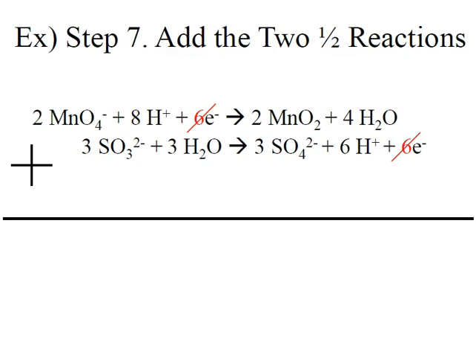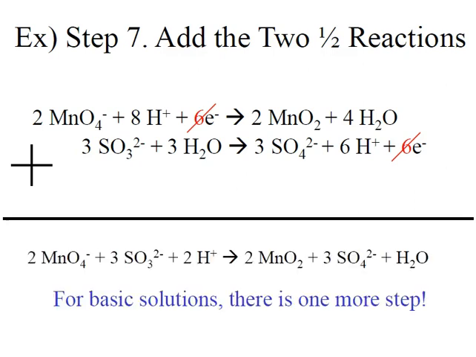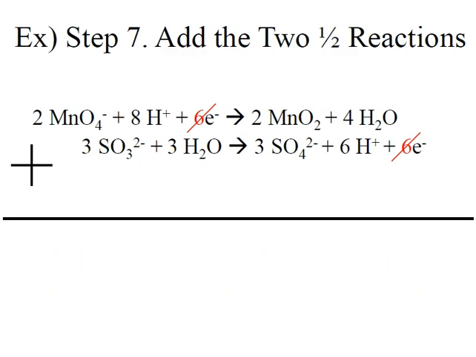So we've got our 6 electrons on the left and right that are going to cancel. But we also may have some other stuff that cancels. Let's see. I see 8 hydrogen ions on the left and 6 on the right.